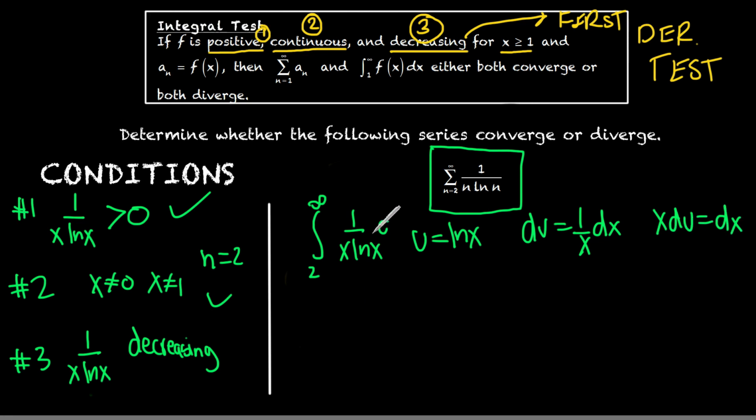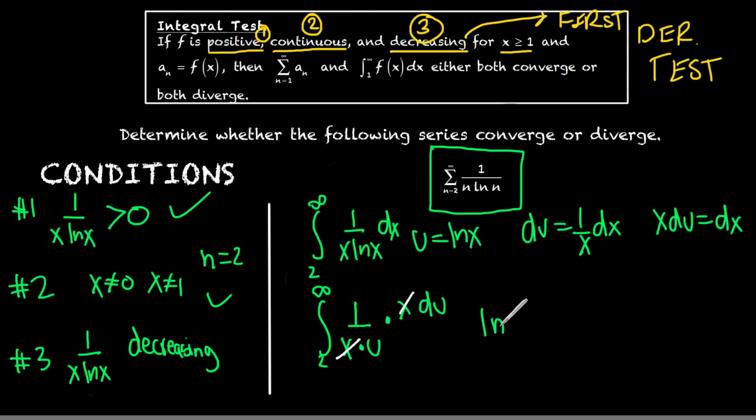So this is going to be the integral from 2 to infinity of 1 over x, and we called u our natural log of x, and dx is x du. And so here we see that the x's are going to cancel, and we're left with 1 over u, which I'm going to integrate to give me natural log of u.